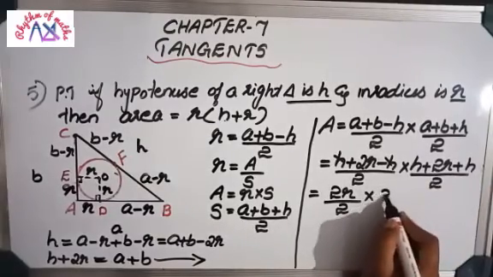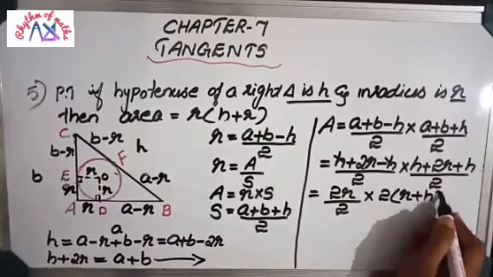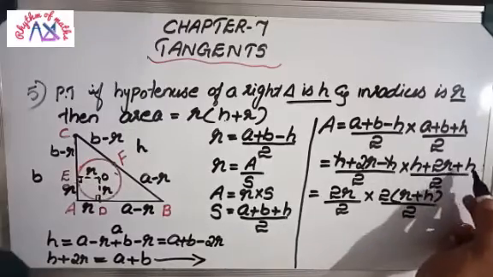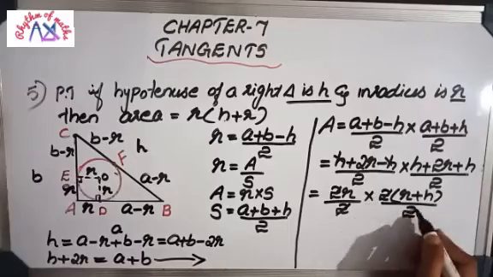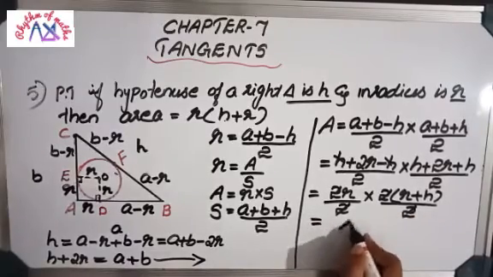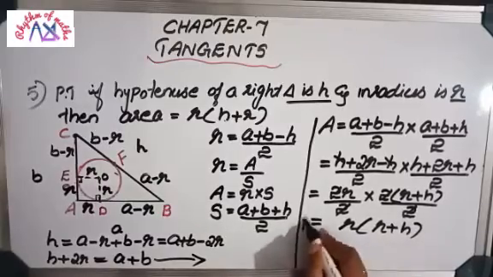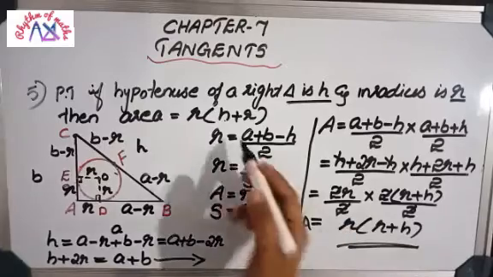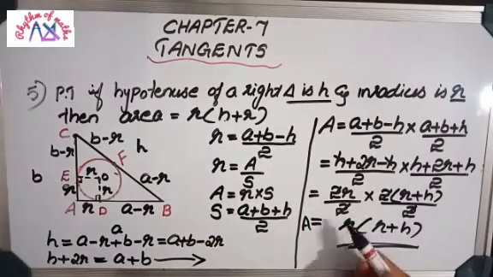Let's take that 2 outside, so remaining will be R plus H, whole divided by 2. Now these two we can cancel. What remains? R into R plus H. So we got area equal to r into r plus h. H plus r and r plus h are both the same. So we got the proof.